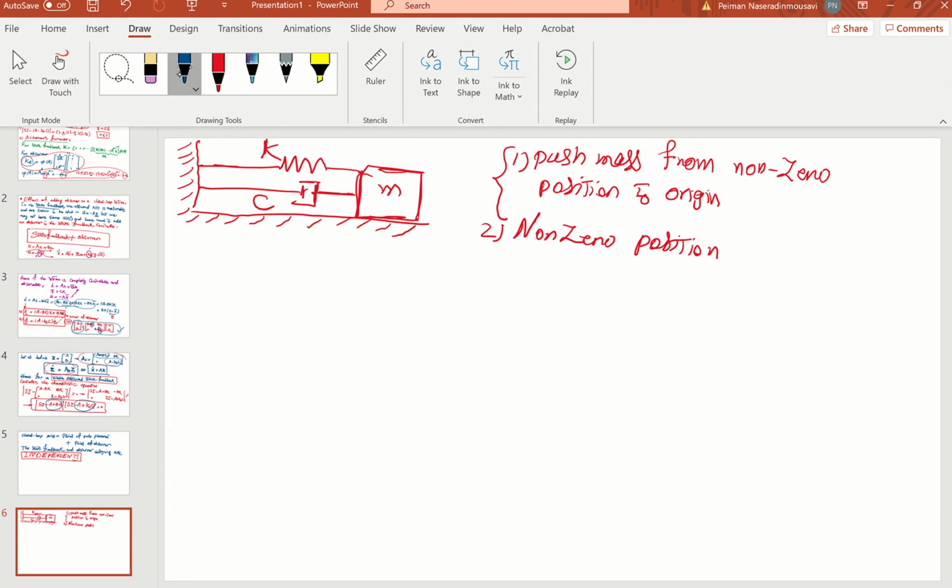So in the first case, I'm gonna stretch this mass, say for here, then I'm gonna release, and I want it goes back to x0, but based on my desirable poles and the assumption that I cannot measure the velocity and even say position of the mass, because I don't have any sensor.